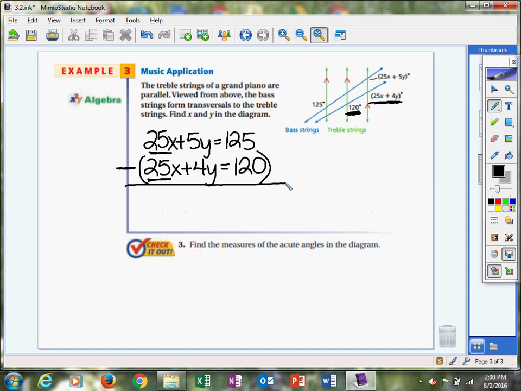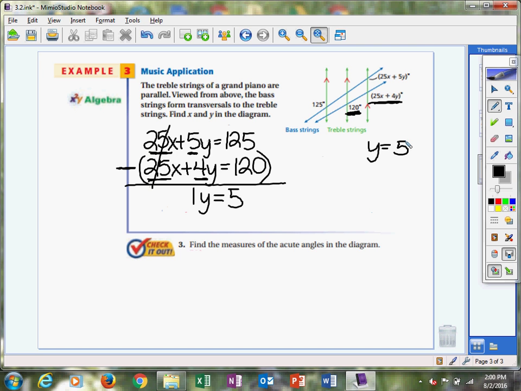You don't just subtract the first column, you subtract all three columns. So let's do that. What's 25 minus 25? Okay, last time I checked, that's 0. 5 minus 4. Okay, that's 1y. 125 minus 120, that's 5. So right away we found out that y is 5.